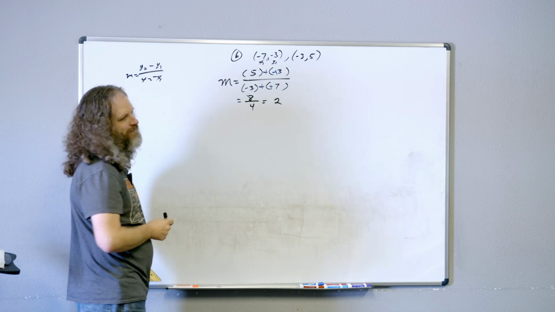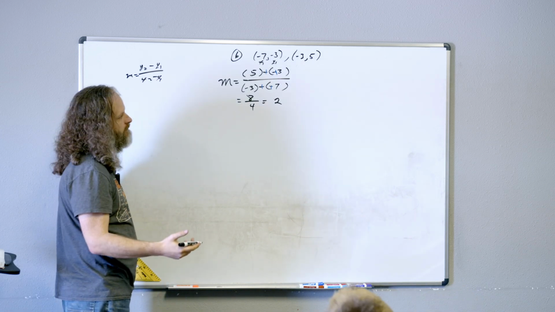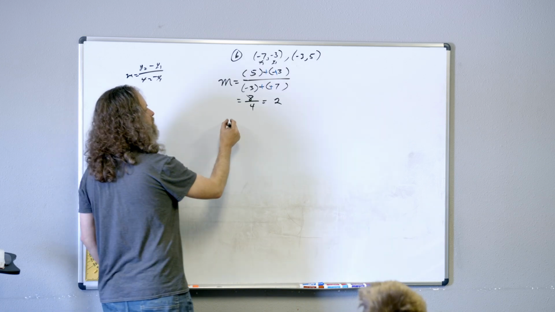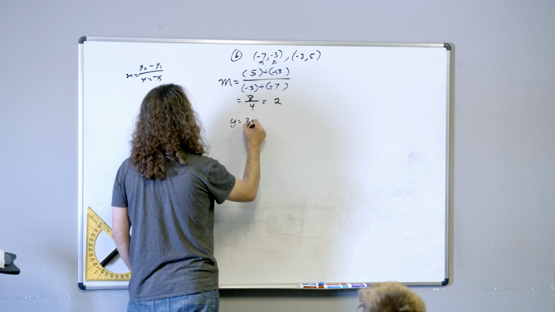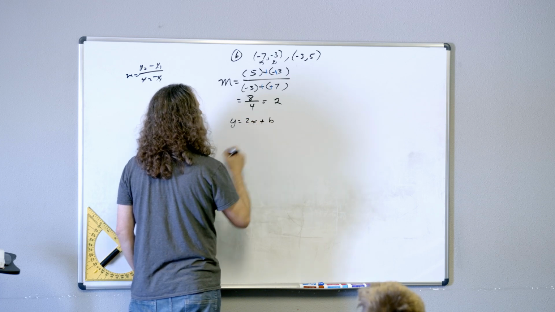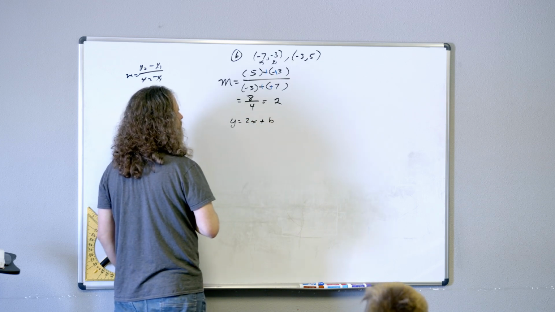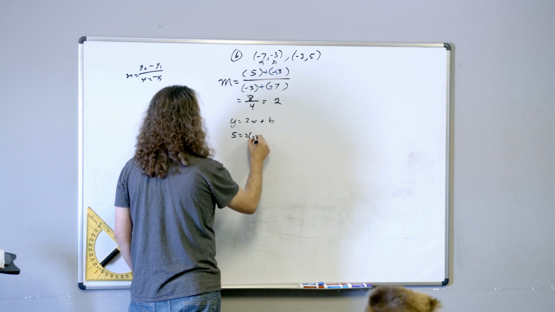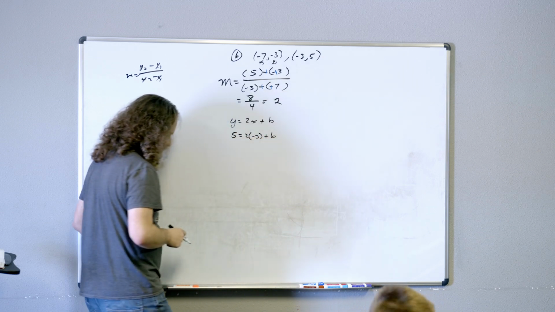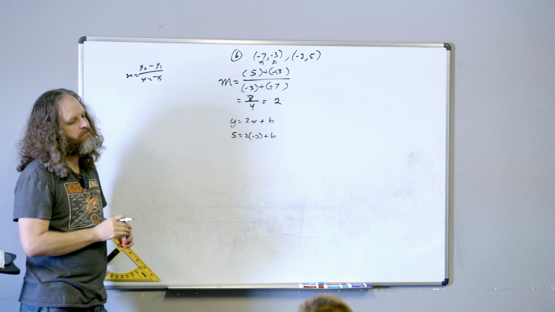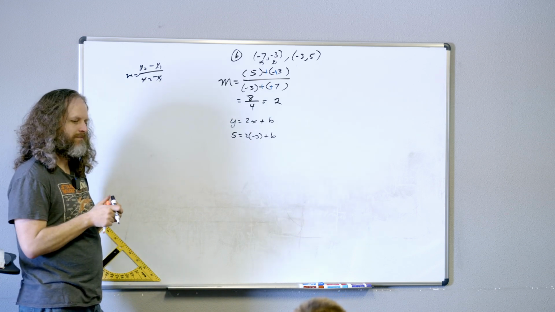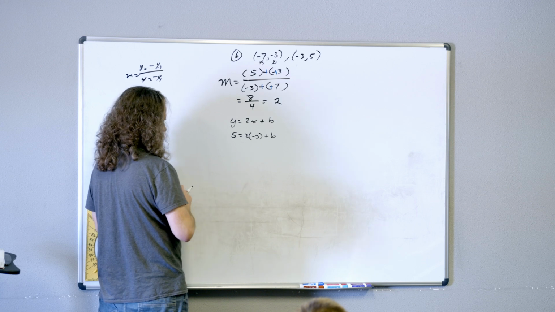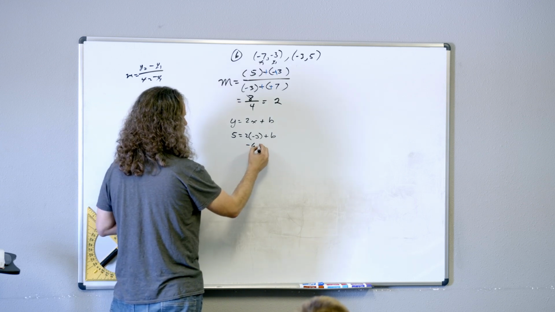Now what? y equals 2x plus b, and then you put in either side. Let's do -3, 5. Sounds fine. Now what? Six? -6.